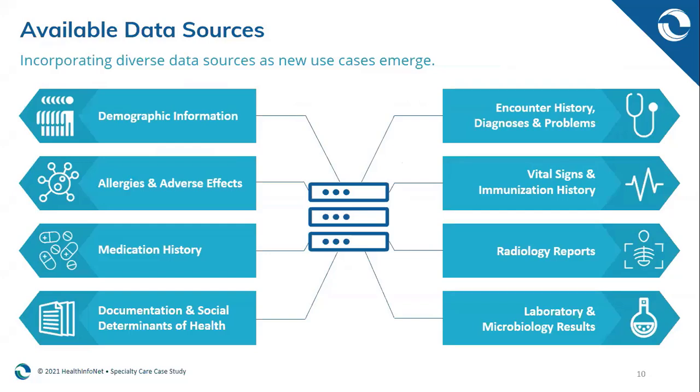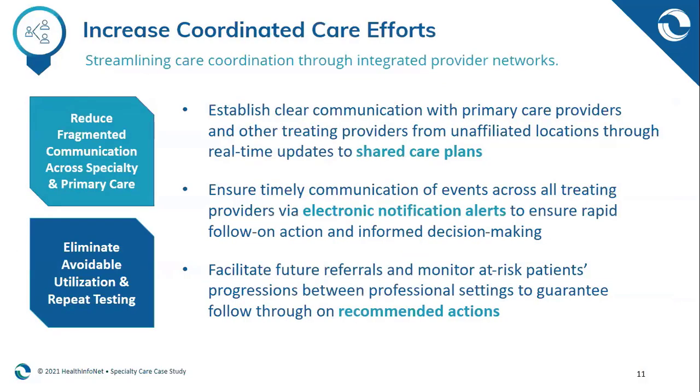We also have documentation of social determinants of health. We're adding more to that as time goes on. Very helpful for whole person care. And of course, laboratory and microbiology results. So if you look at this slide, you're saying, oh my goodness, this is a lot of information I need about my patients before we see them and when they're here for their consult.